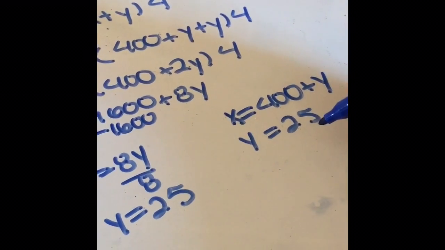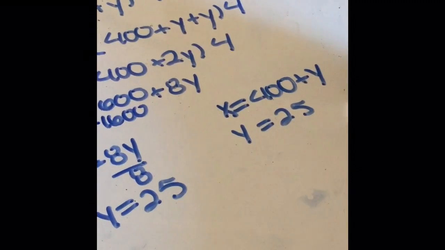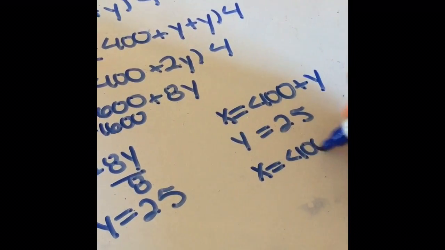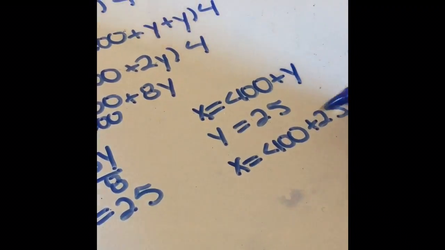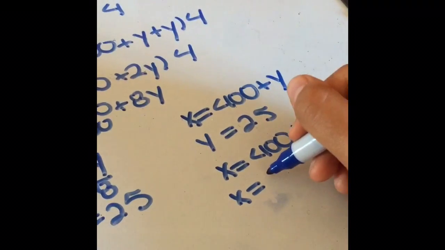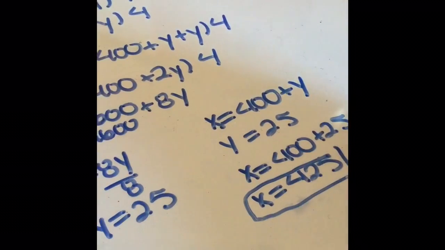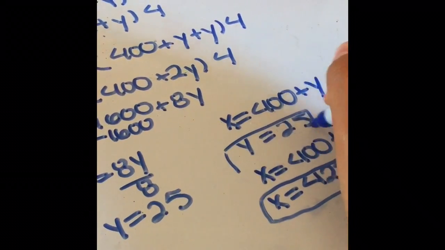And now we could plug in 25 into this equation and get the value for x. So x equals 400 plus 25, and that brings us to x equals 425. So our two values are x equals 425 and y equals 25.